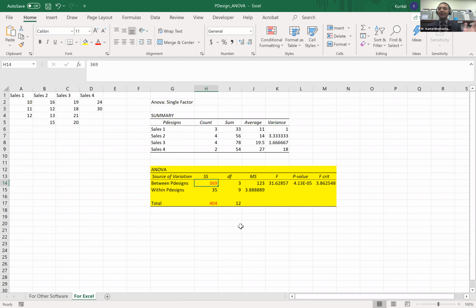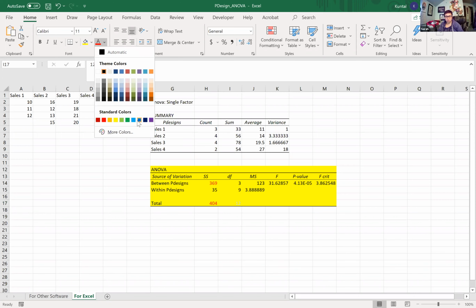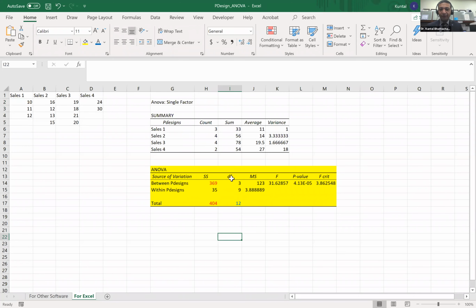How many total data points were there? 13. Therefore, total degrees of freedom is 12, which is what you see there as the degrees of freedom, or DF.